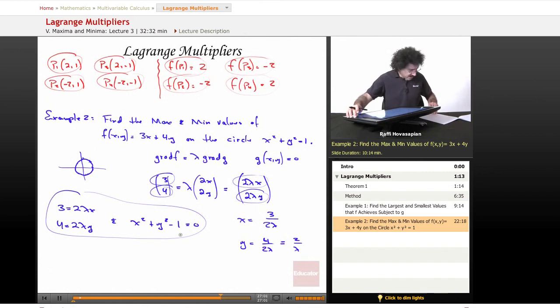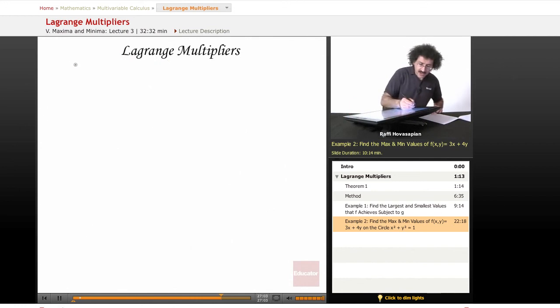Let's do that on the next page. So I have the function x squared plus y squared minus 1 is equal to 0. And we said that x is equal to 3 over 2 lambda, so this is going to be 3 over 2 lambda, squared, plus y, which is 2 over lambda, squared, minus 1 equals 0.